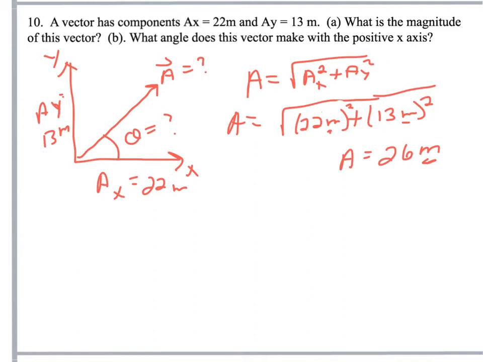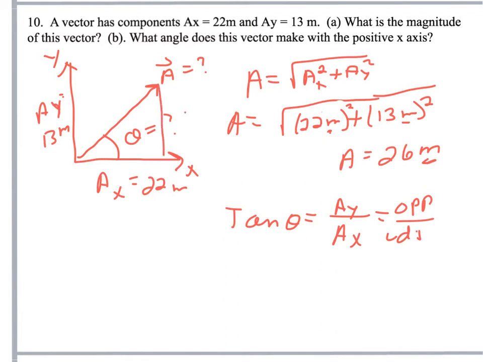Then to find our angle, we have the tangent of theta equals the opposite over the adjacent. It's the side opposite the angle, and that's our y component, divided by the adjacent side, the side of the triangle that's adjacent to theta.